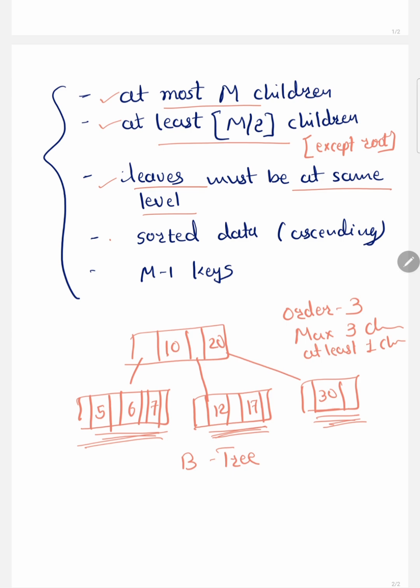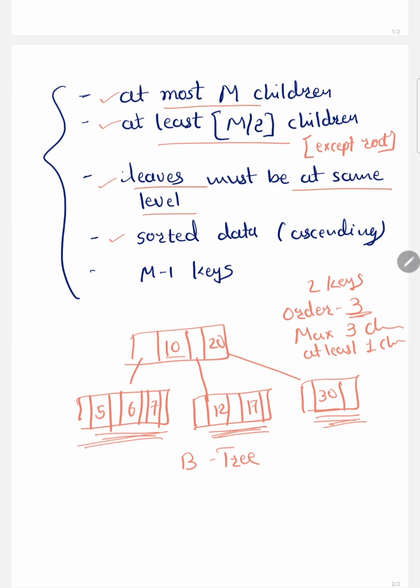So this one is also satisfied, and it always has m minus 1 keys. So 3 minus 1, that's 2 keys, and that is satisfied over here. So this is your B tree.